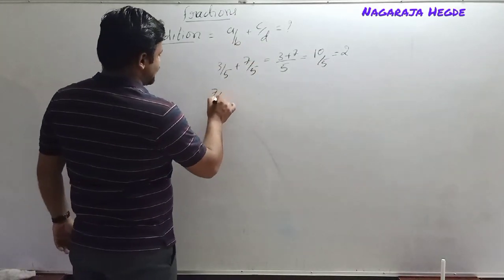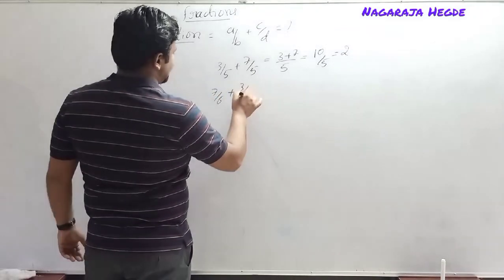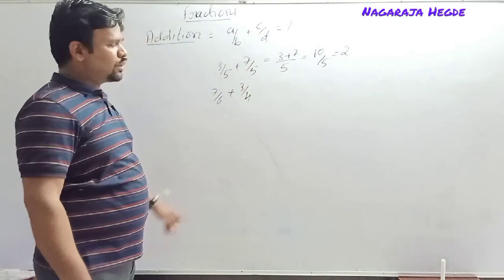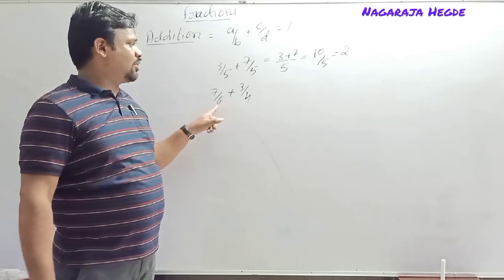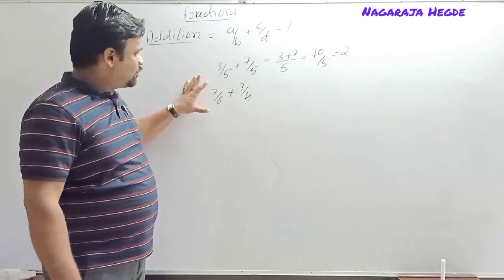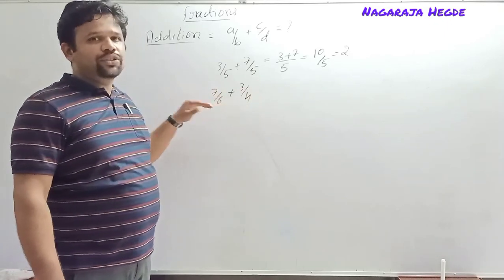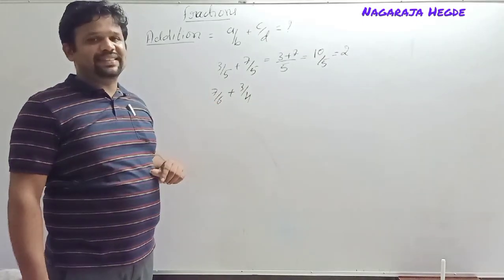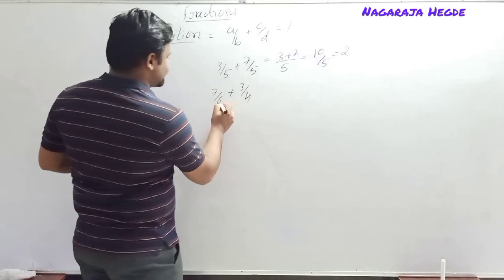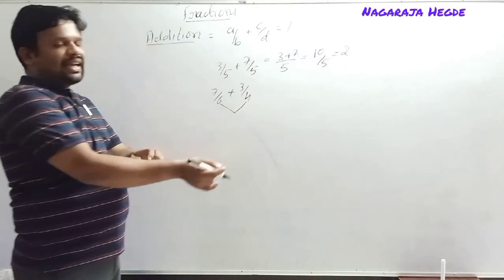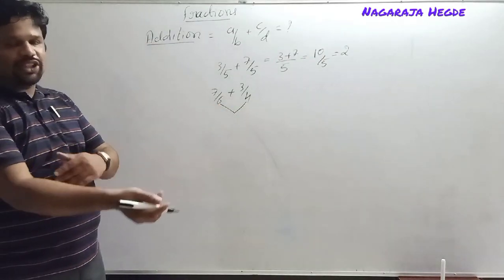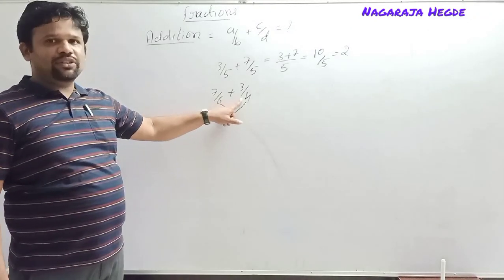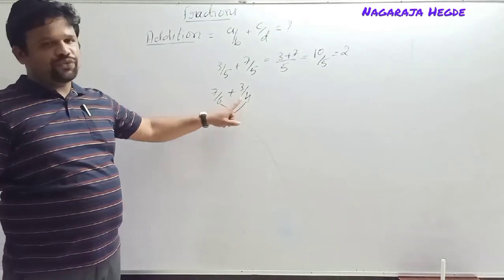What will happen if the denominators are not the same? That is 7/6 plus 3/4. How to add these two numbers? The denominators are not equal. If denominators are not equal, we make the denominators equal by taking the LCM. What is the LCM of 6 and 4? We know that the LCM is 24.